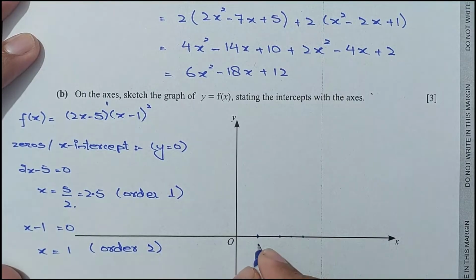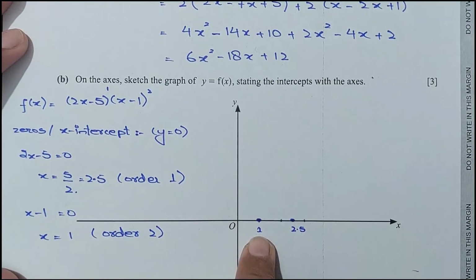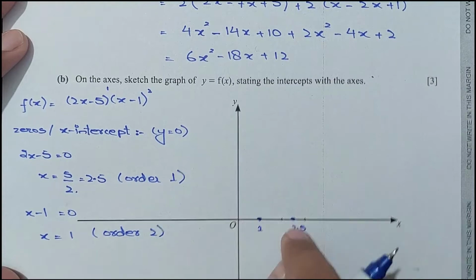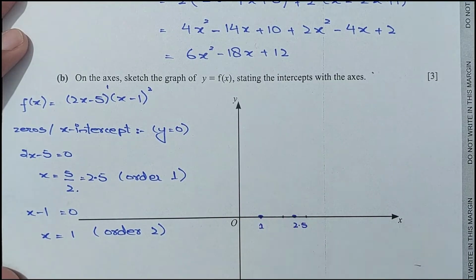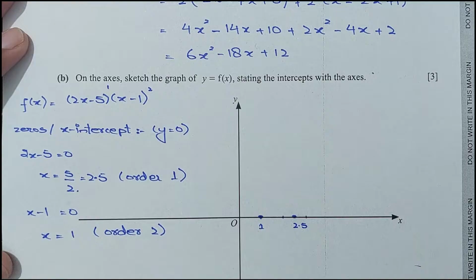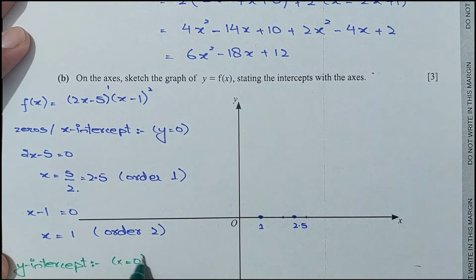We have x equals 1 and x equals 2.5. The zero at 1 is of order 2, so it makes a parabola-like touch over here, and the zero at 2.5 is of order 1, just a linear zero. Now find the y-intercept as well. For the y-intercept, we have to put x equals 0.